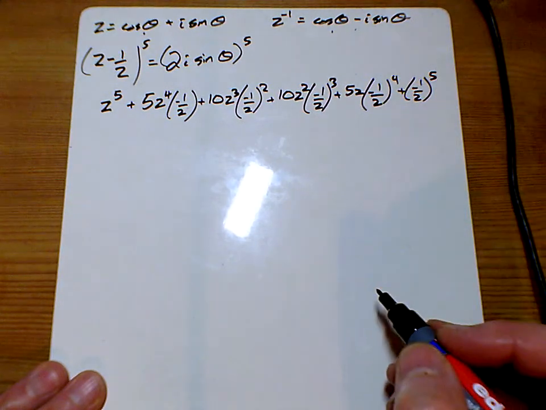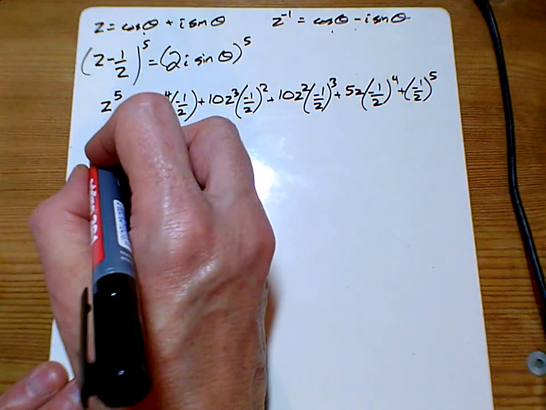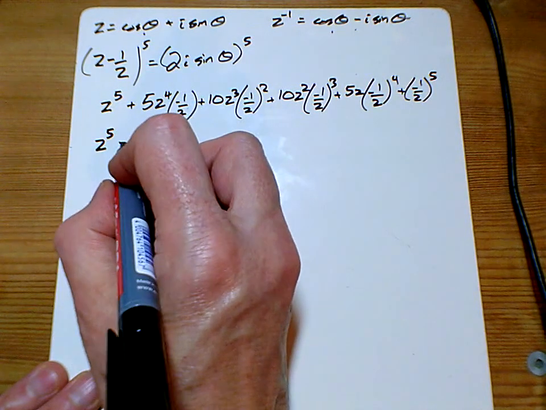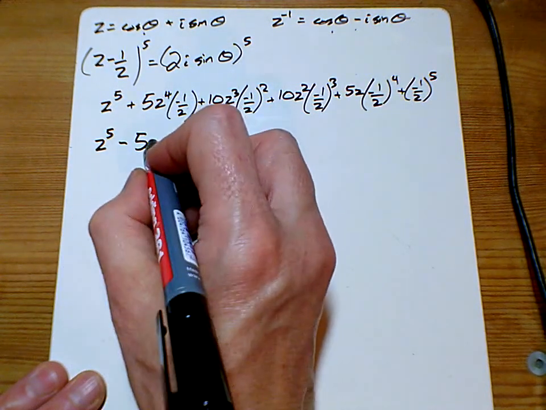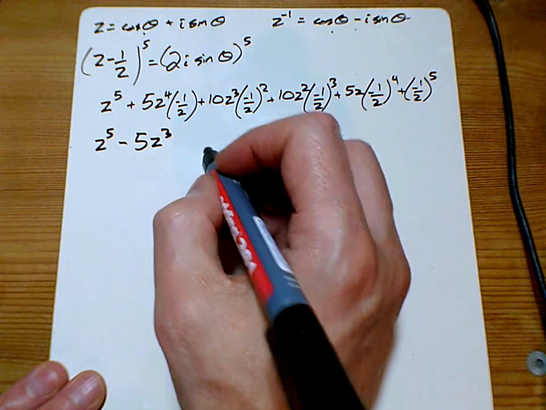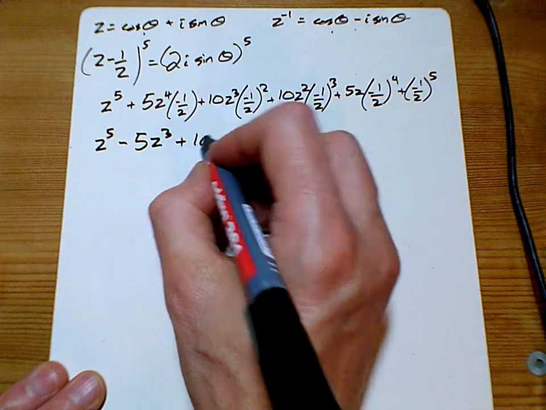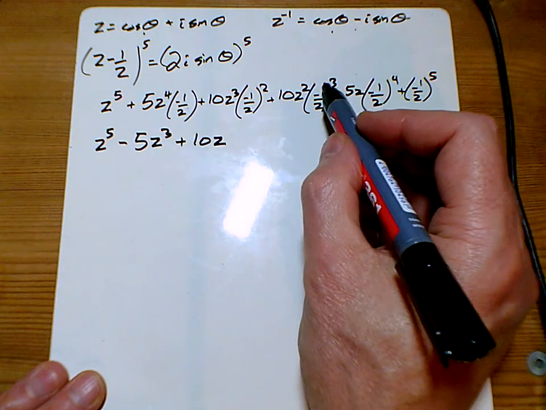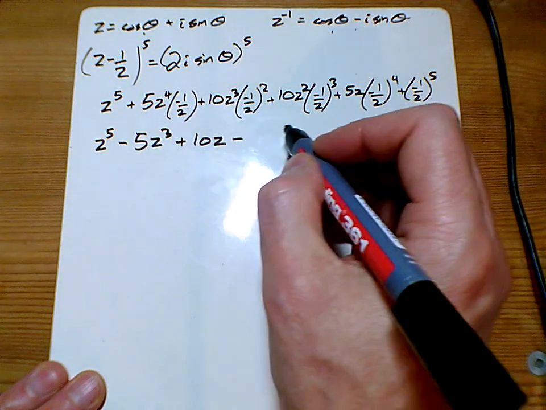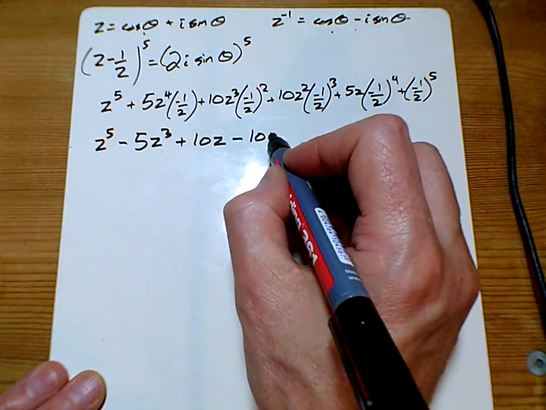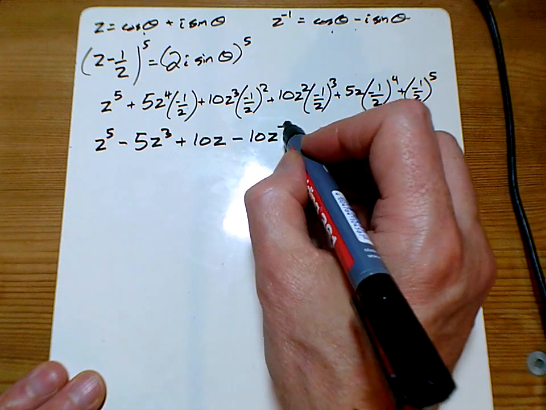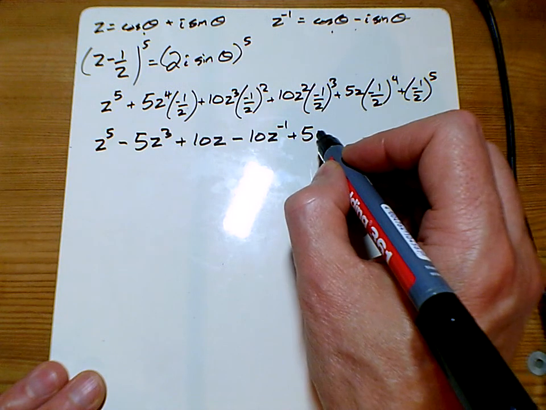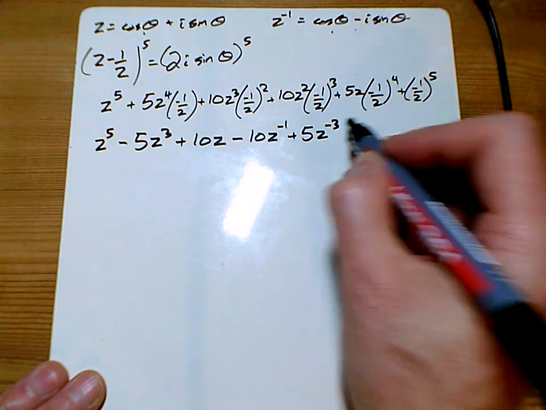All right, tidying that up, we've got z to the power of 5, then minus 5z to the power of 3, plus 10z squared. What's this one? This one's going to be minus now, isn't it? Minus 10z to the power of minus 1. We've got 5z to the power of minus 3.